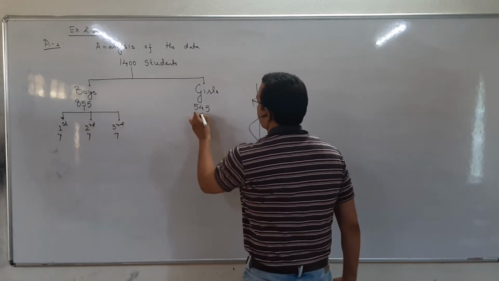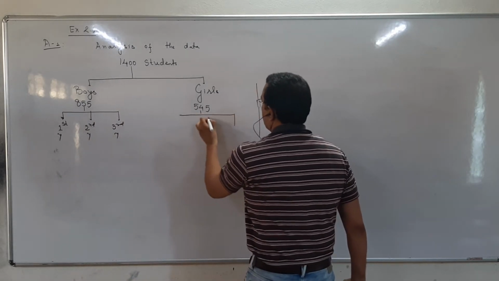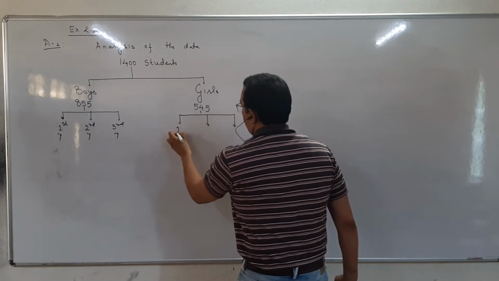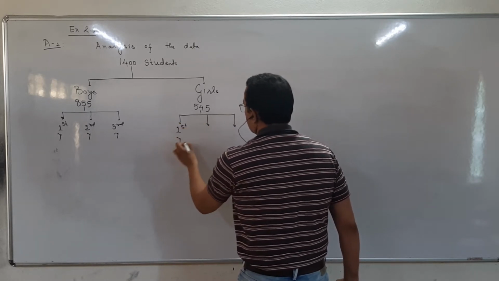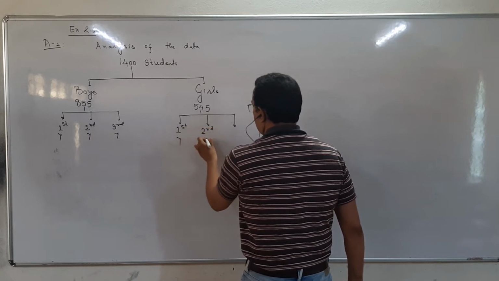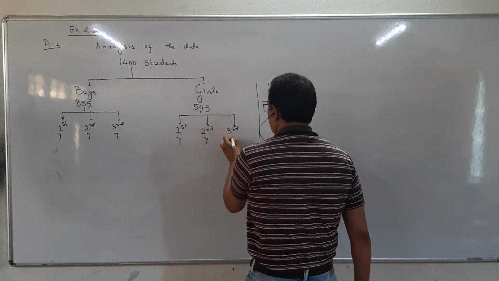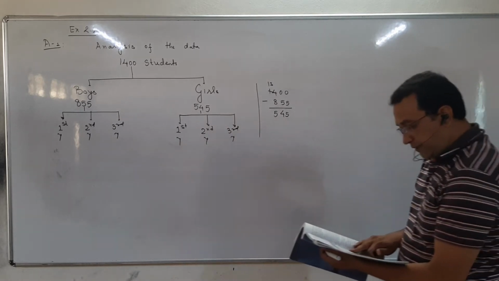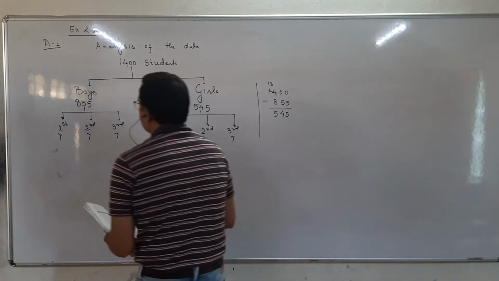Same thing here, girls are divided into three categories: first year, second year, and of course third year. So 225 boys were in the second year.